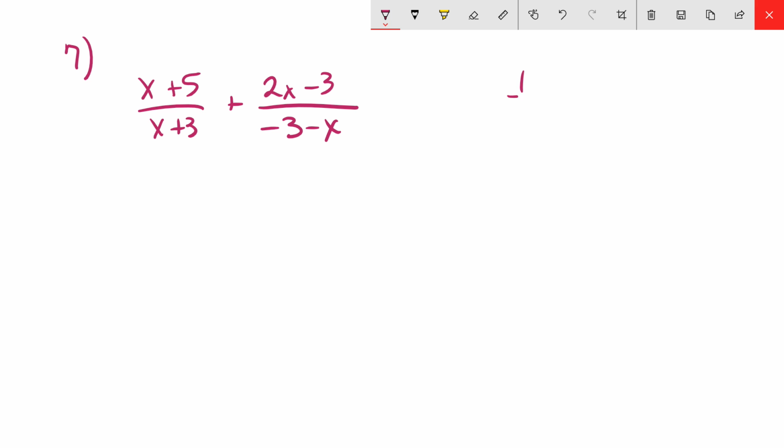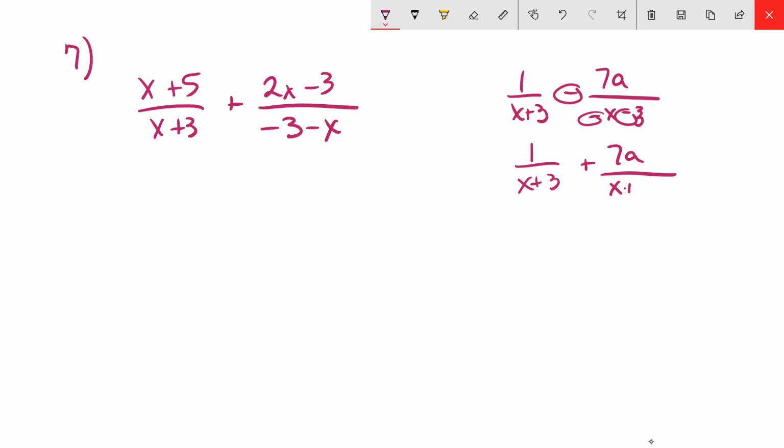On that other one, where I had 1 over x plus 3 minus 7a over negative x minus 3, I could change the sign at that level and the sign at this level. This is what the book was telling you. And then this becomes a positive 7a, and this becomes x plus 3. That's easy. So you could have multiplied by negative 1, or you could just change the signs.